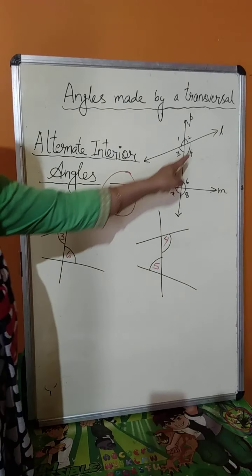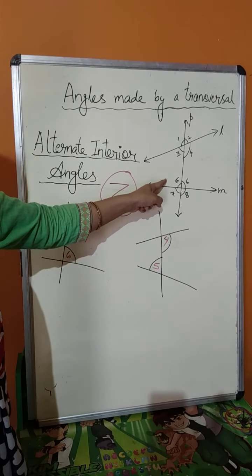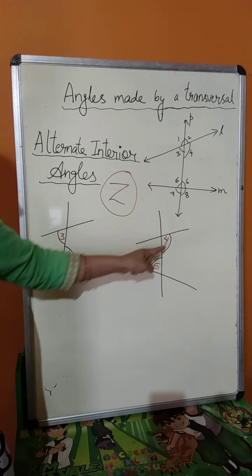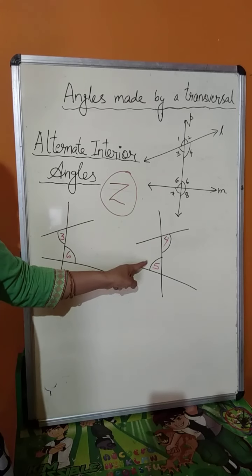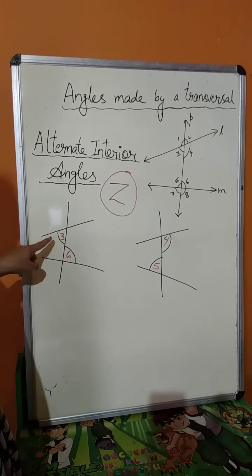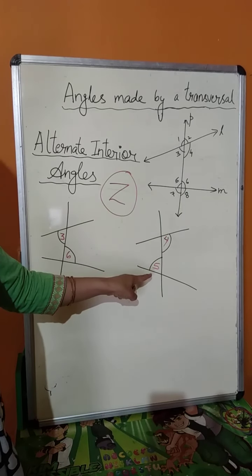Similarly, 4 and 5 form alternate interior angles. So in this figure we have 2 pairs of alternate interior angles, 3 and 6 and 4 and 5.